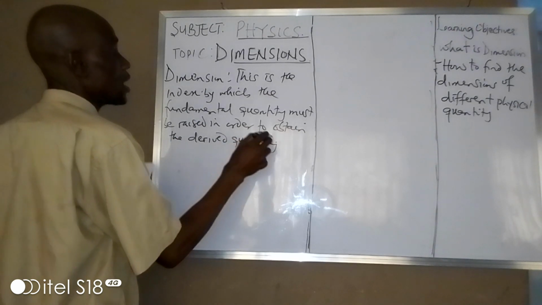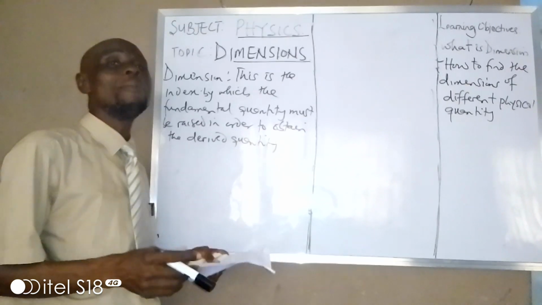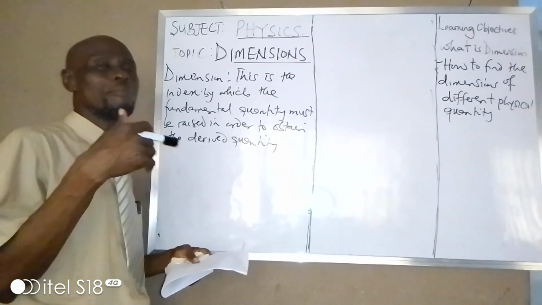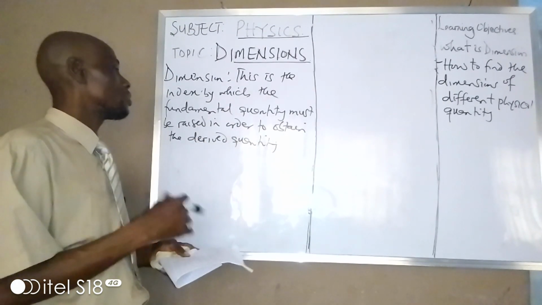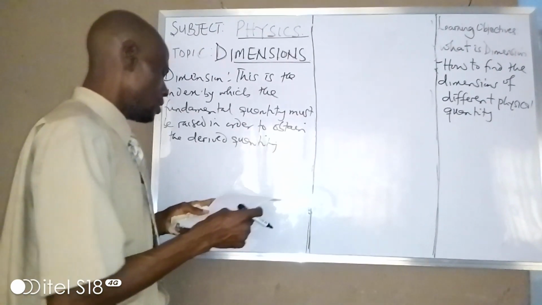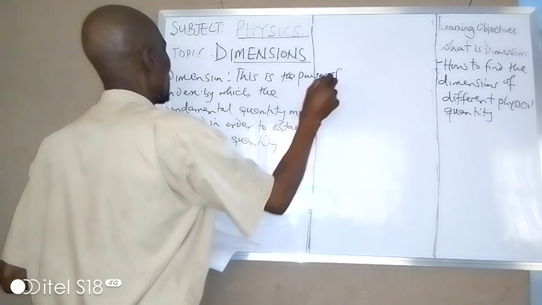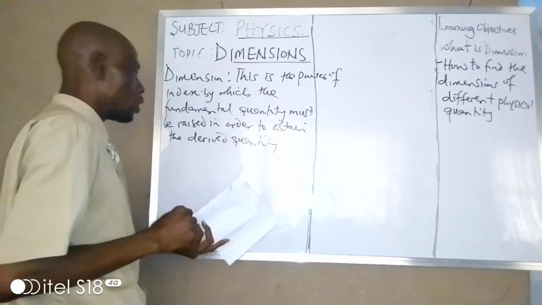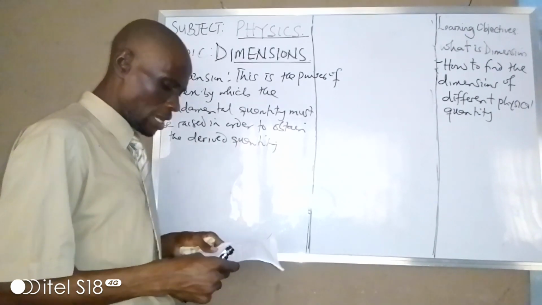Or you can simply say it is the way you relate your derived quantity to a fundamental quantity, in terms of length, mass and time. So this is the power of index by which the fundamental quantity must be raised in order to obtain the derived quantity.